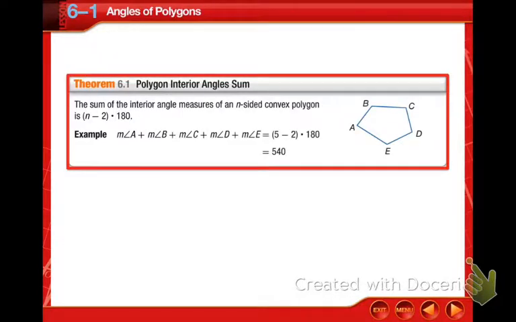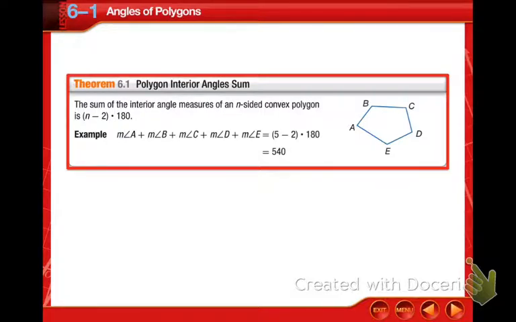So the first thing here, the polygon interior angle sum. Basically what this means is that however many sides, or technically however many angles, because however many sides you have should be the same as the number of angles. So an n-sided convex polygon, so all the angles are pointing out, none pointing in. If you have one pointing in, it's not going to work for this formula.